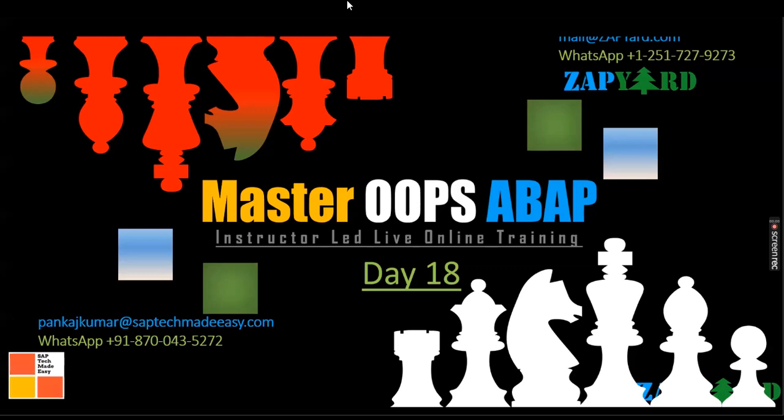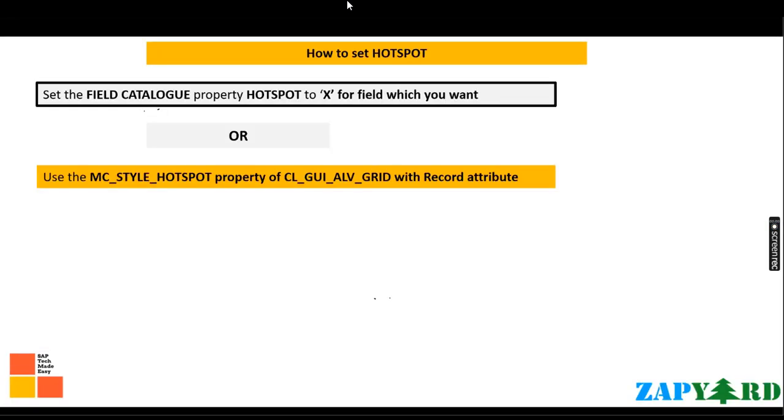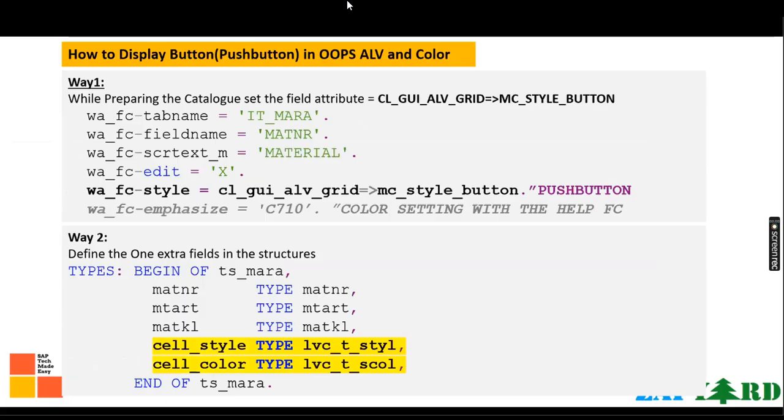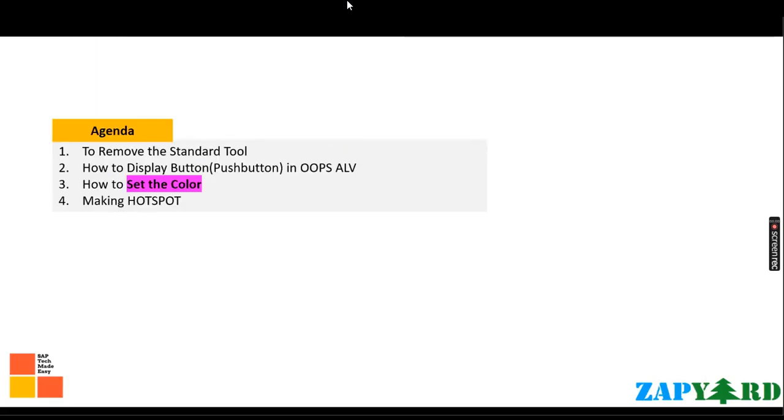Before going ahead, let's quickly have a recap of what we have done in our last session. In the last session, we have seen the ALV display using two important classes called CL_GUI_ALV_GRID and CL_GUI_ALV_CONTAINER. We were using these two classes and displaying the ALV.